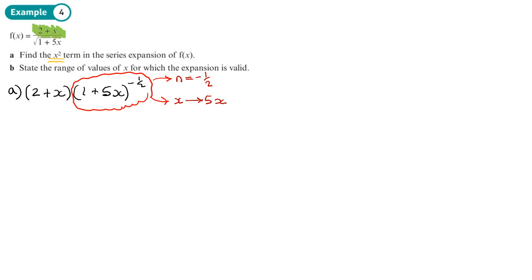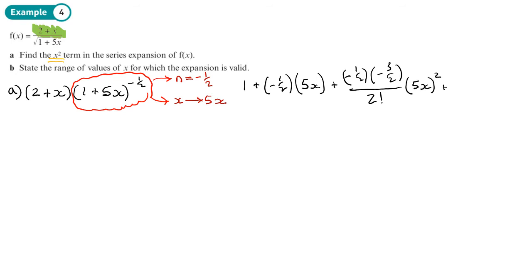So we're just going to do up to the x squared term and then multiply it by 2 plus x, and we're just going to pick out the bit that we need. So it's going to be 1 plus nx, which is 5x, and we only need one more term, which is n, which is -1/2, times n minus 1, which is -3/2, over 2 factorial, 5x all squared, plus... So we don't need to go any further than that.